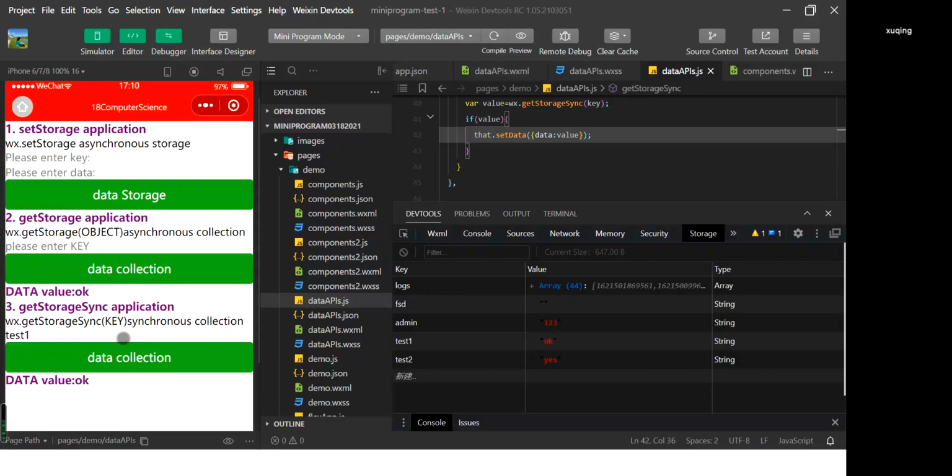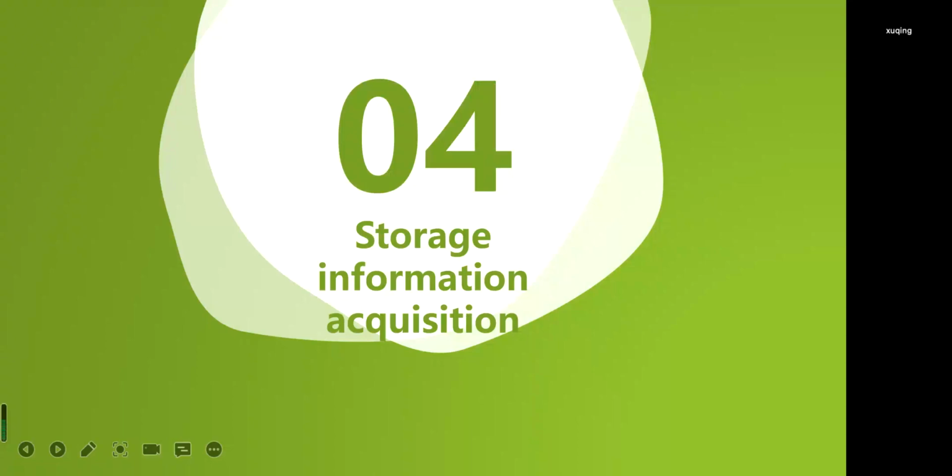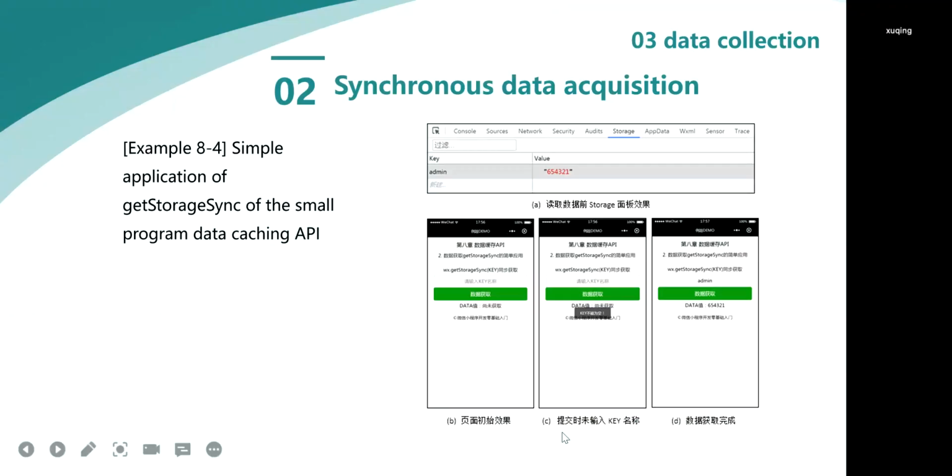It's similar for get storage or set storage, even for information. It's our next part, storage information acquisition. We can also explain this example. In this example, similarly, we have in Weixin ML an input component to enter the key name.